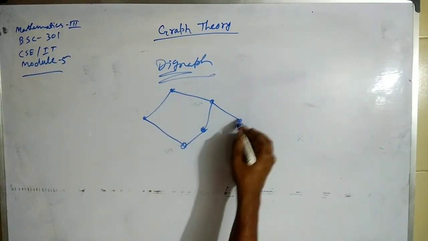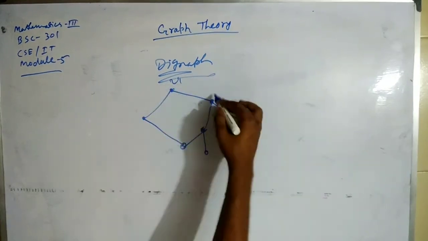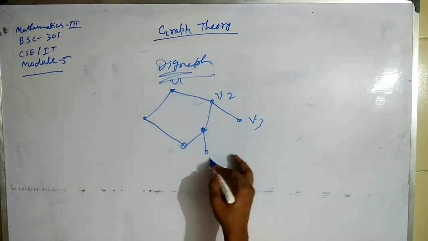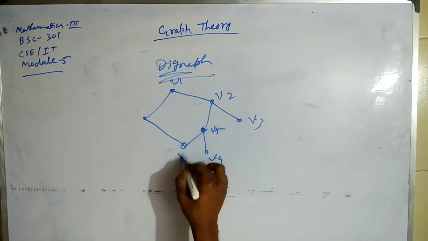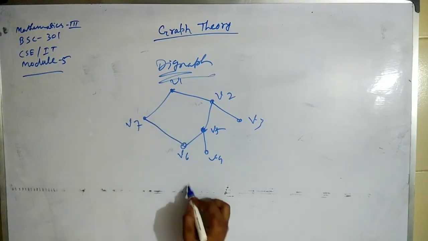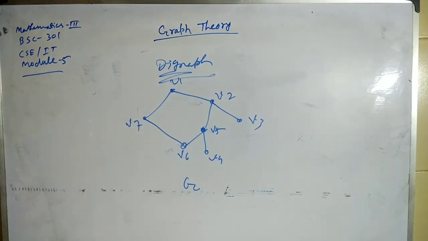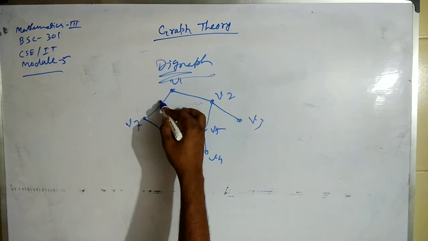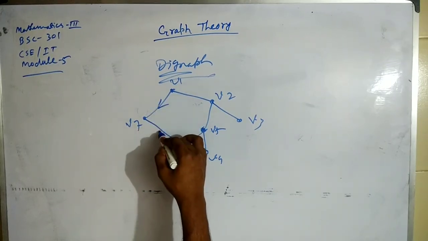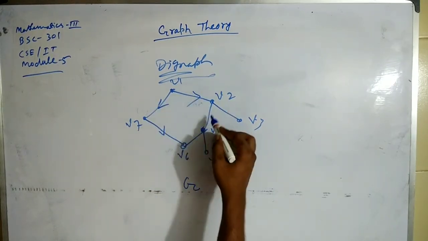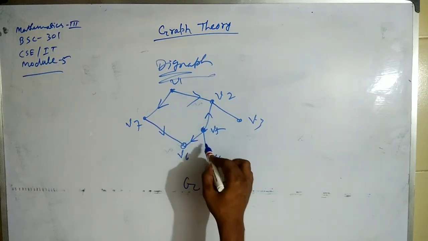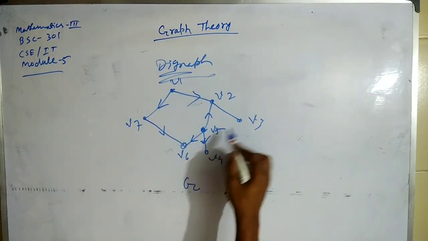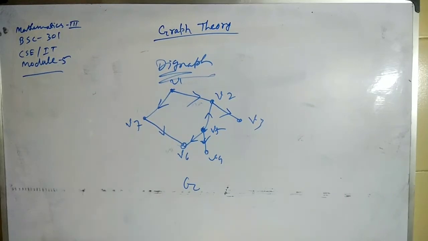Suppose this is the graph with V1, V2, V3, V4, V5, V6, and V7. Suppose the name of this graph is G, and I am giving the directions in an arbitrary way like this. There is no restriction for giving the directions. So this is a digraph.